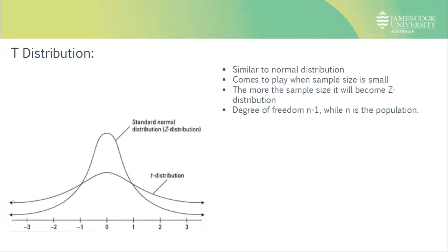Whenever you do your experiment or your assignment, and you have done some survey and you have 25 or 26 data points, then you can go through the T distribution analysis, and there are various kinds of tools you can use to come to a decision from your data set.